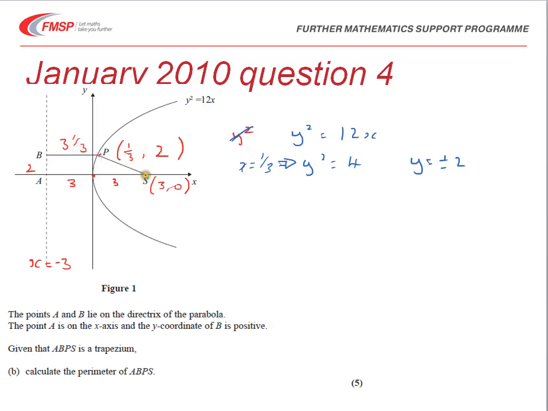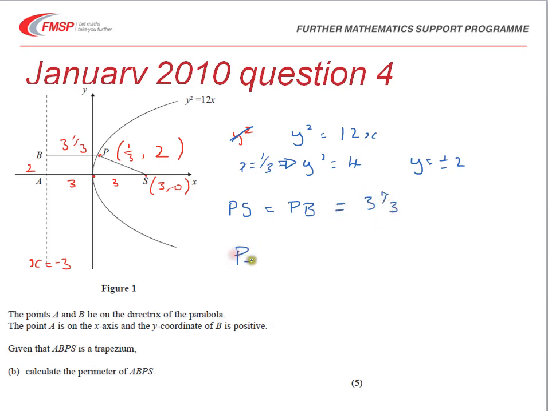So the only thing we're left with is PS. But PS, we can state that PS is equal to PB. This is the focus directrix property saying that the point is always equidistant from those. And therefore, these are both equal to 3 1/3.